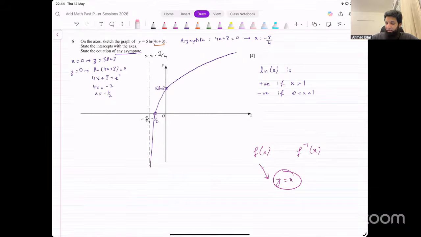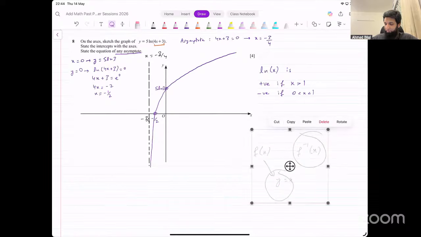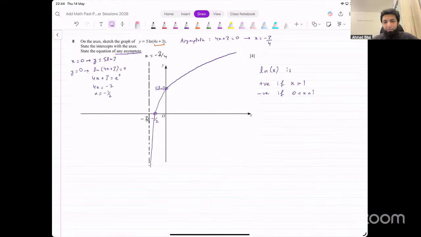So you can just check whether they intersect with the y equals x graph or not. If a function intersects with y equals x, then it also intersects with the inverse graph, because that is where they can become equal.